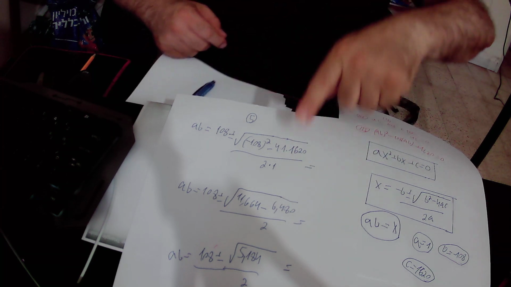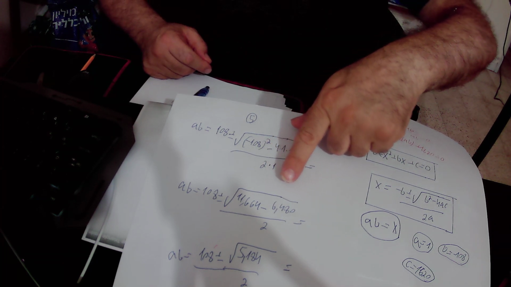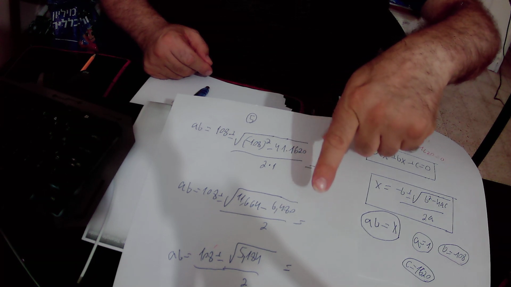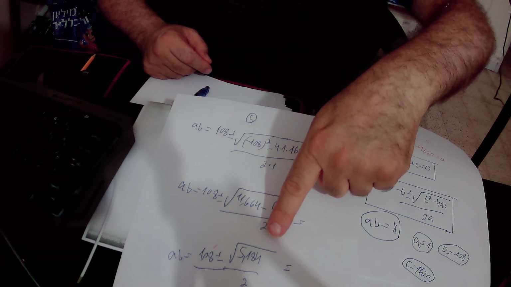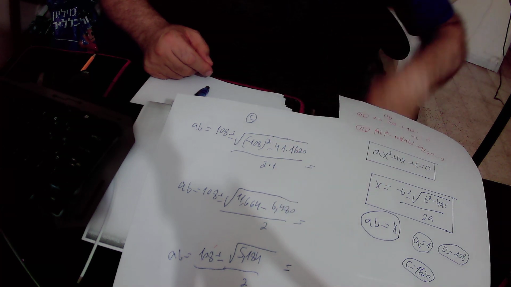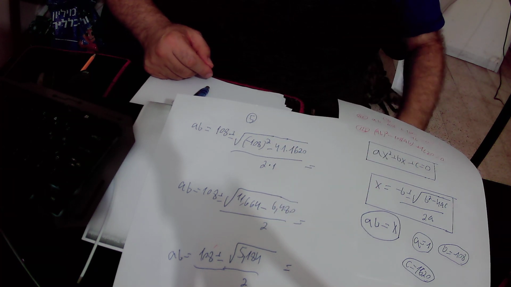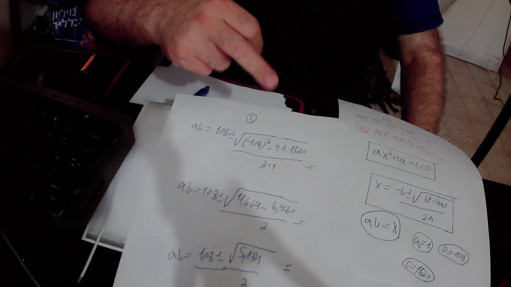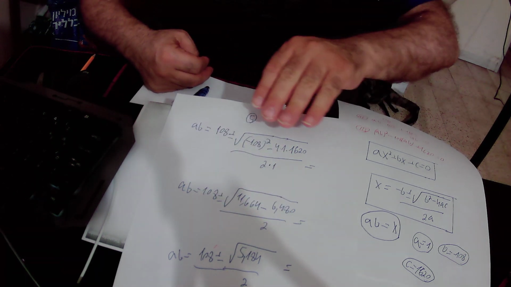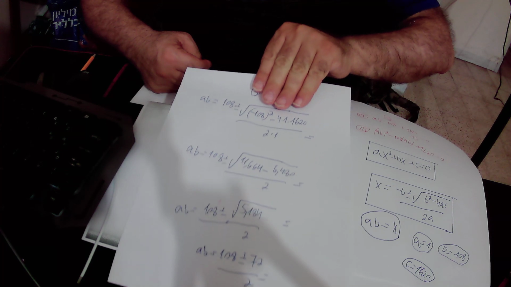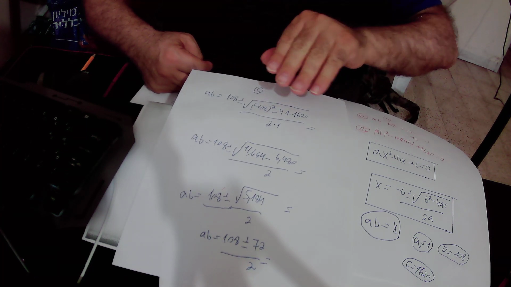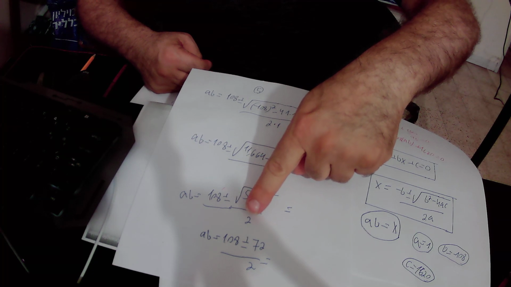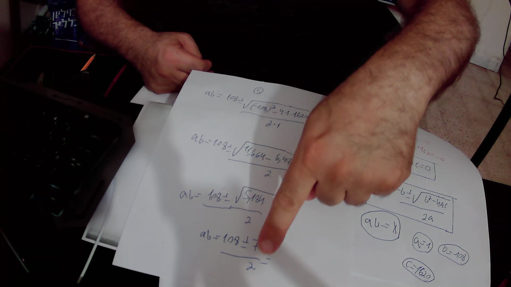So 11,664 minus 6,480 equals 5,184. And the root of 5,184 equals 72. So in total, we have here AB equals 108 plus minus 72 divided by 2.